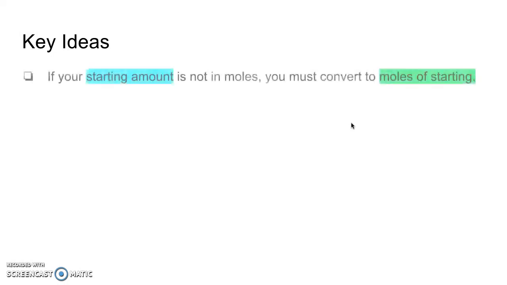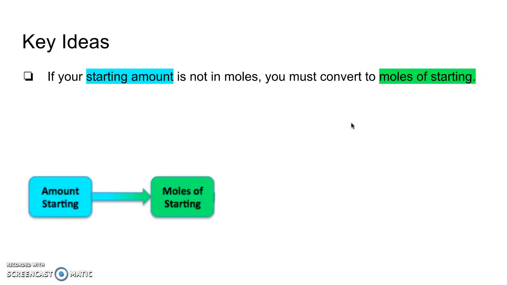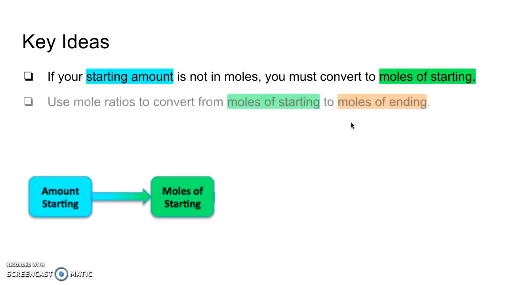So the key idea with stoichiometry: if your starting amount is not in moles, you must convert it to moles. That will be the first step that you normally do. And then once it's in moles, you can use mole ratios to convert from moles of your starting to moles of your ending. Again, your mole ratios are going to come from your balanced equation or from the chemical formula.